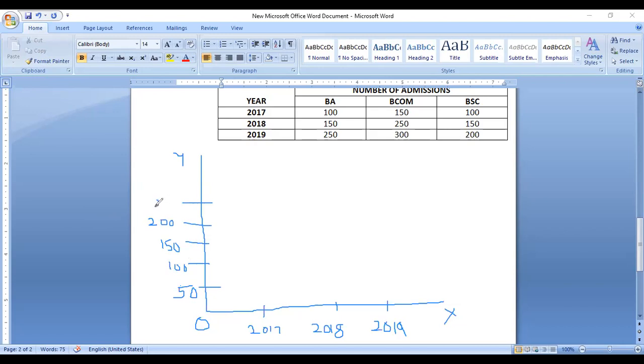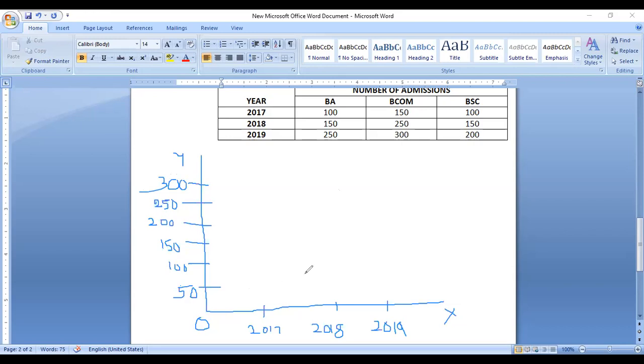Maximum value is 300, so I will draw up to 300. So every 10 centimeters I am taking 50 admissions, number of admissions, up to 300. Now you see how I am going to do.